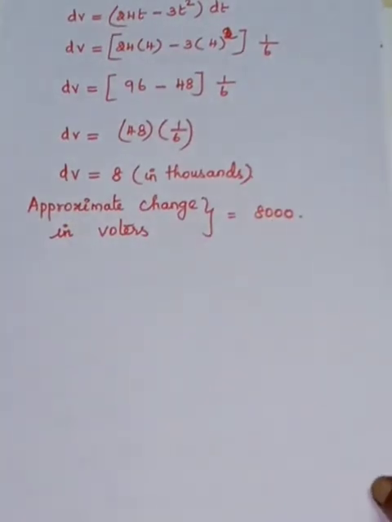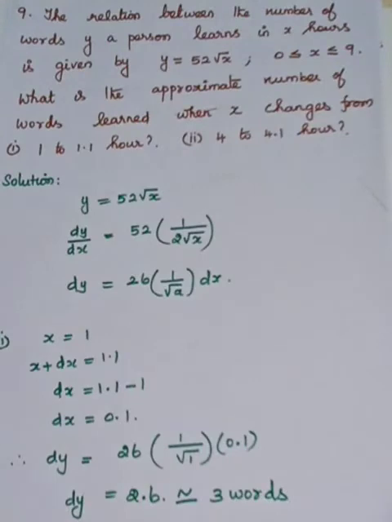Okay, so we'll come to problem number 9. The relation between the number of words y a person learns in x hours is given by y is equal to 52 root x, where 0 is less than or equal to x, less than or equal to 9.